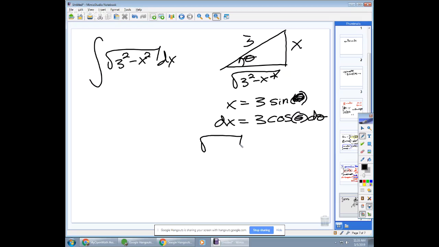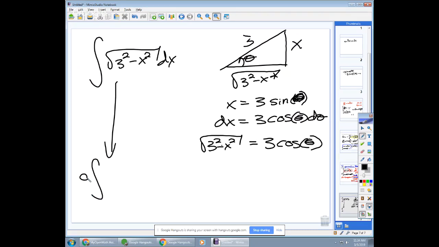And the square root has to be 3 cosine theta. Okay, so that's what the triangle tells me. And then I just dump that in there. And so now I have the integral of, let's see, I had a 3 times 3, so a 9 times the cosine squared of theta.